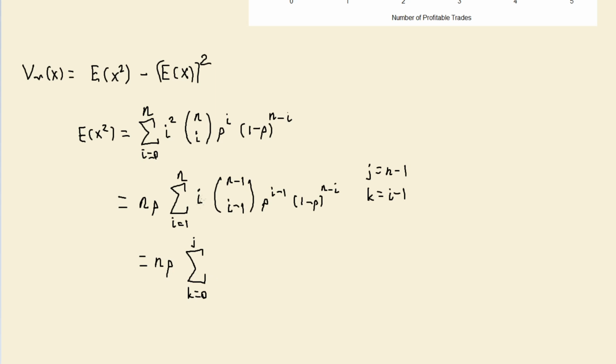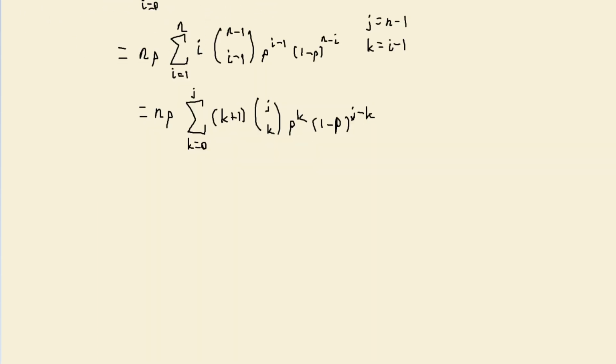And here we're going to have i equal to k plus 1. If you add 1 to both sides of this equation here, we'll get k plus 1 is equal to i. So we want to have k plus 1 here, since we're changing these variables. And here we have j choose k, multiplied by the probability of success to the power of k, the complement to the power of j minus k. j minus k. That's a bad j.